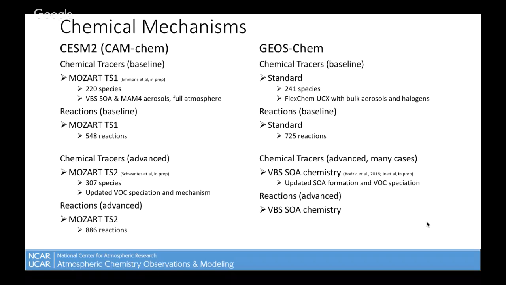So the TS2, which is in preparation right now, increases the species by about 100 and increases the reactions by about a factor of 2. And this is similar to the VBS-based SOA scheme done by Almahodzi and Dusong Zhou, who is also implementing this into CESM.